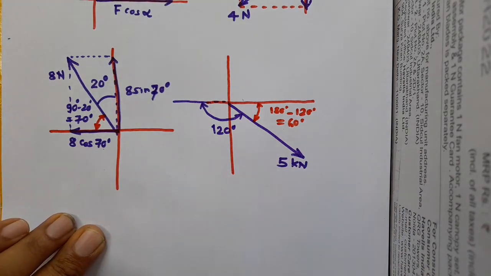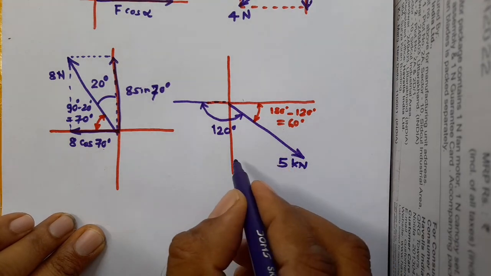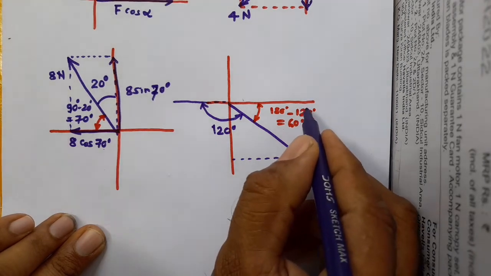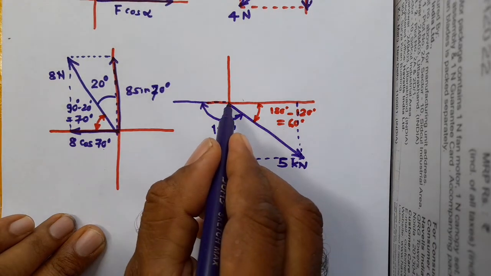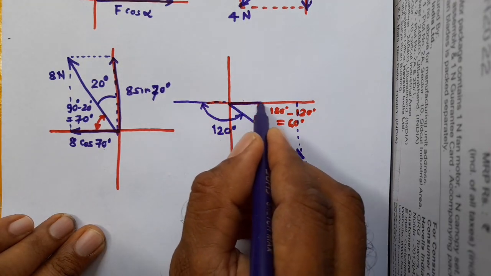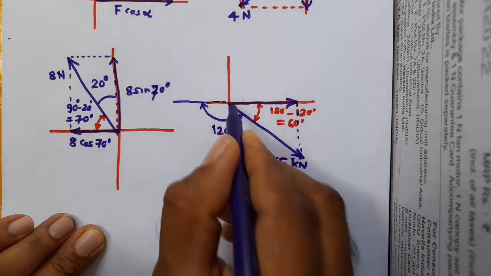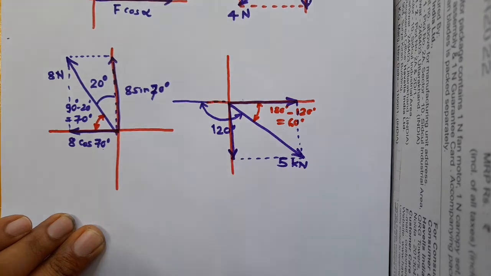Once that is known, through the end point you can draw a horizontal dotted line like this, and a vertical dotted line like this. And now from the start point you have the intercepted region, and point the arrow away from this, and from this point the arrow away again.